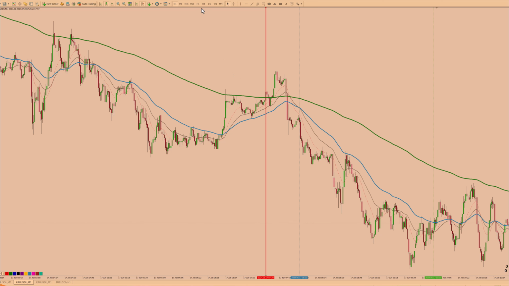If you find a good entry point at 1 hour, you go to the 5-minute chart and look for the entry there. If you're on 30 minutes, probably the 2-minute chart is good. It depends how many time frames your platform offers you.